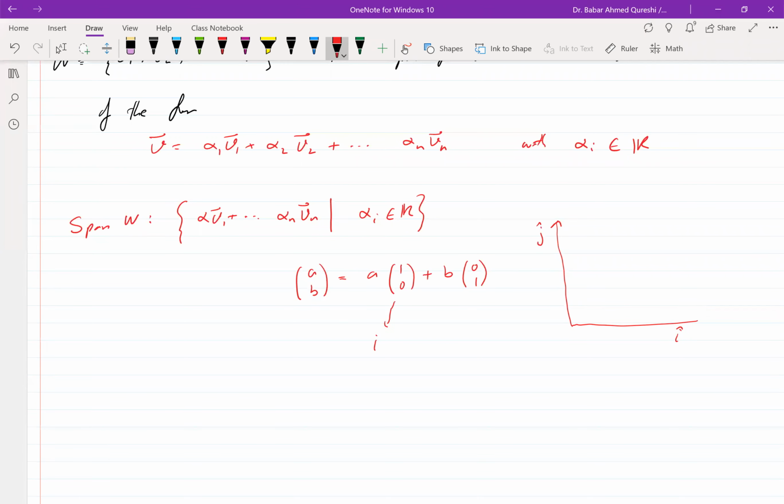This is like i, and this is like j. So the span of these two vectors, (0, 1) and (1, 0), or i and j, is the full two-dimensional R2.